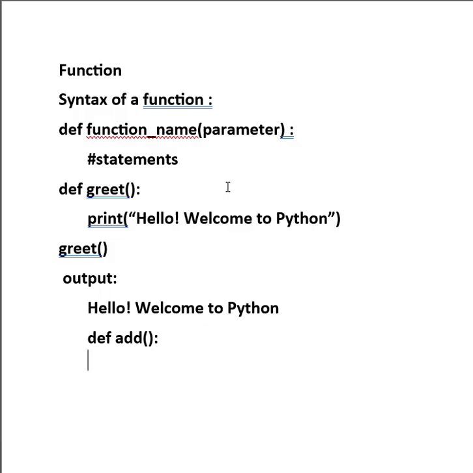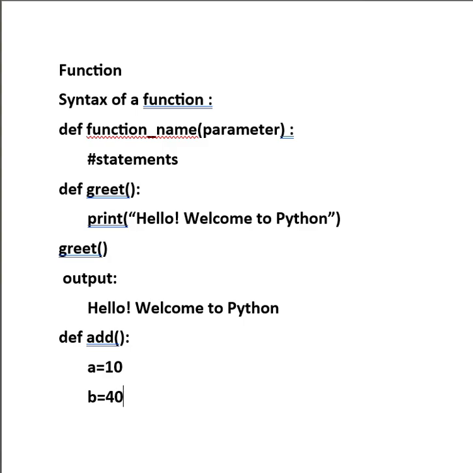I'm going to take two parameters, two variables: a is equal to 10 and b is equal to 40.